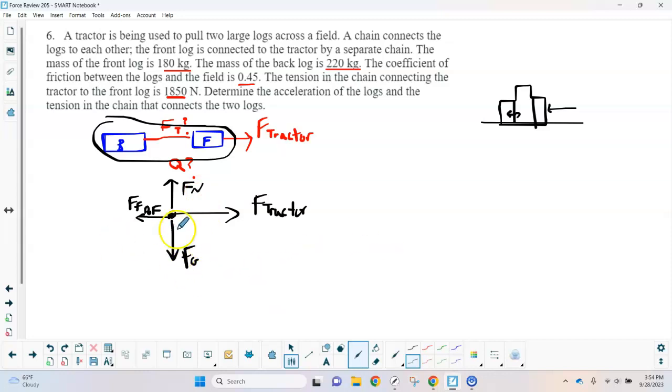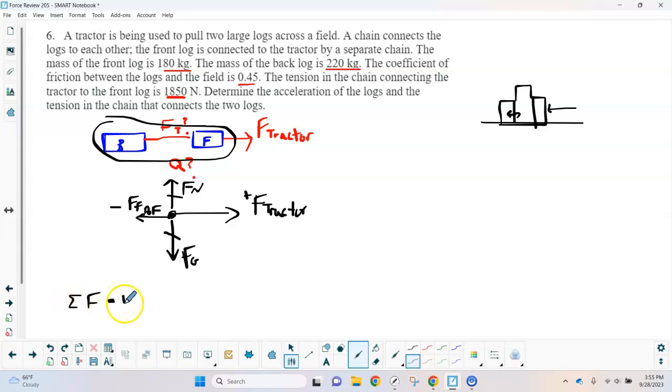So doing this, again, the normal force and the gravity are going to balance out. That happens a lot of times. These logs aren't going to fly off or fall through the ground, so those cancel out or balance. The tractor is pulling to the right, so that one's going to be positive. Friction is going to the left, so that's going to be negative. And when you add those forces together, that's essentially what you need to get for the net force.